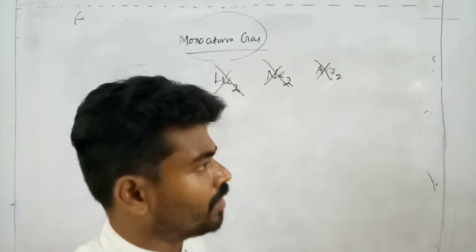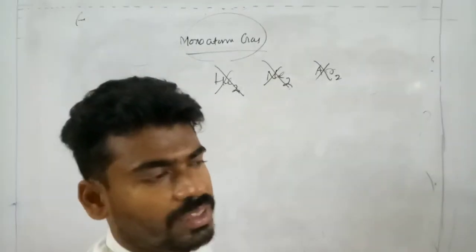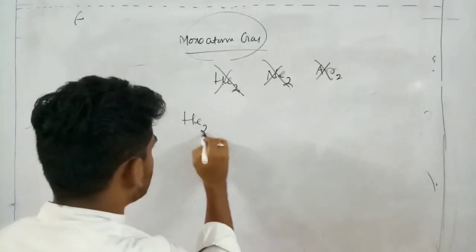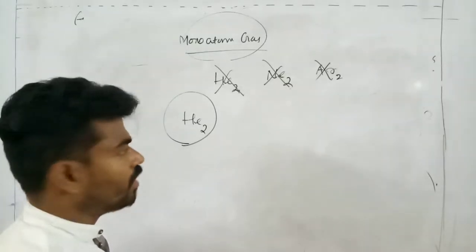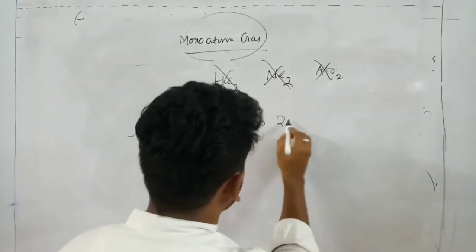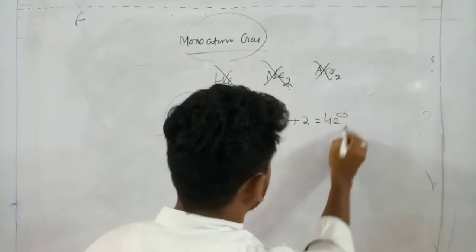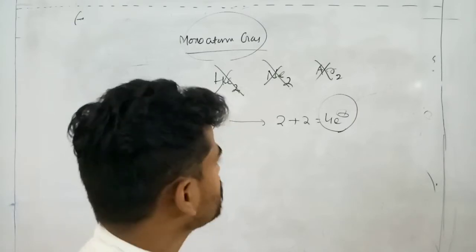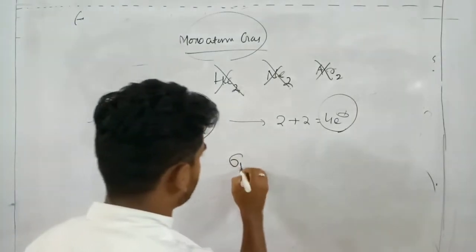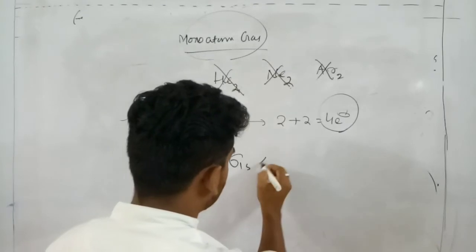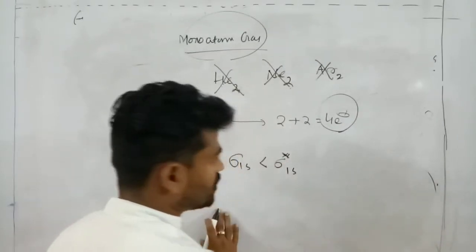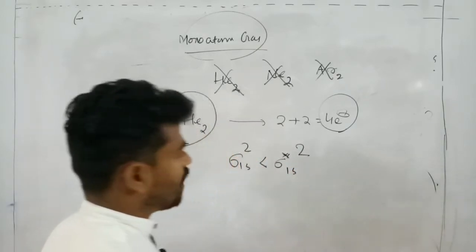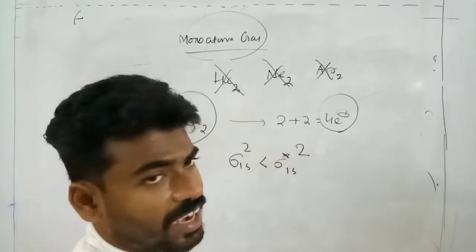If you remember the molecular orbital theory that you learned in first year, let's say a helium molecule, He2, is possible. How many electrons are there? 2 plus 2, that is 4 electrons. So these 4 electrons are arranged in bonding and anti-bonding molecular orbitals: sigma 1s squared, sigma star 1s squared, with 2 electrons in the bonding orbital and 2 in the anti-bonding orbital.